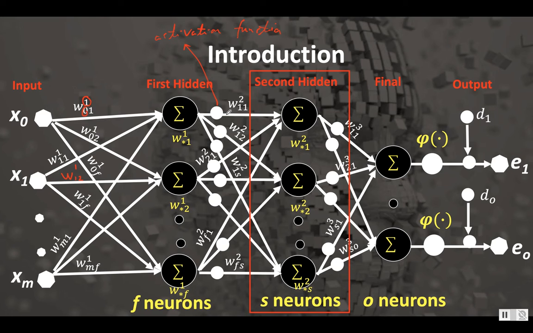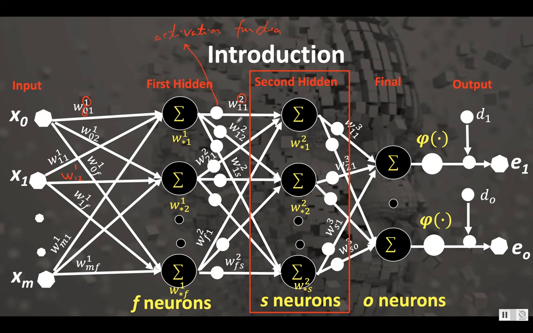This output is then multiplied with W211. Okay, this 2 means the second hidden layer, and this 1 means the output from the first neuron. And the second 1 means this is the input to the first neuron of the second hidden layer.